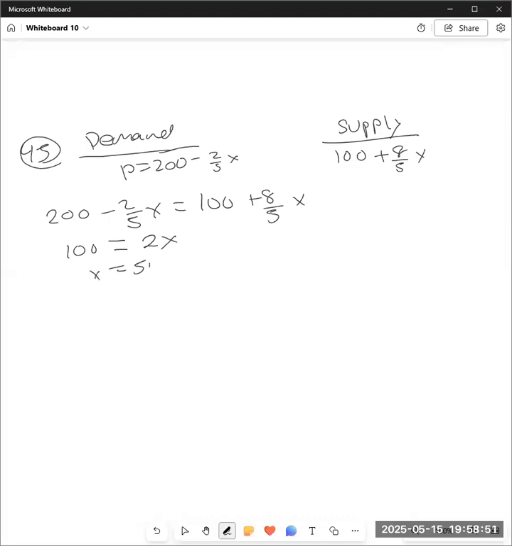X equals 50. If I stick 50 in for the supply function, P equals 100 plus 80, which is 180.